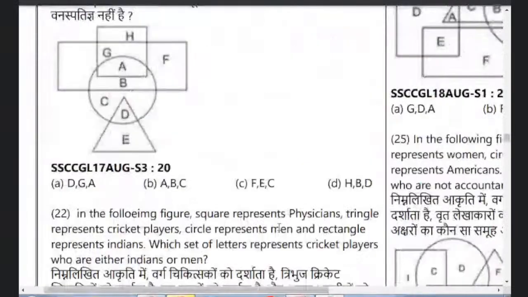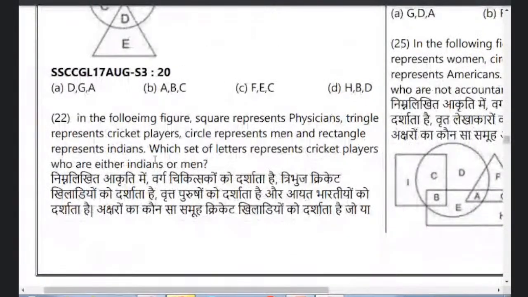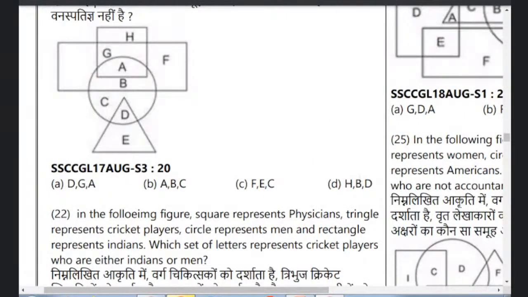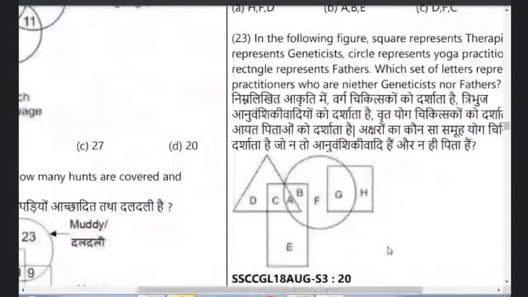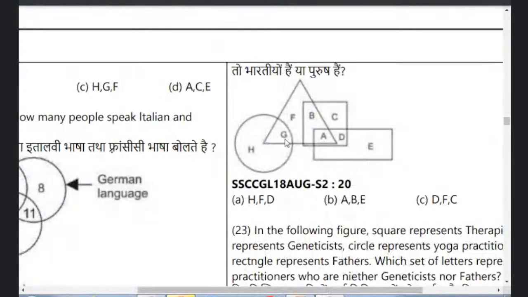Basically, cricket player, triangle, circle, or rectangle. There is no connection between circle and triangle. If a person lies in the triangle, but also lies in the circle.